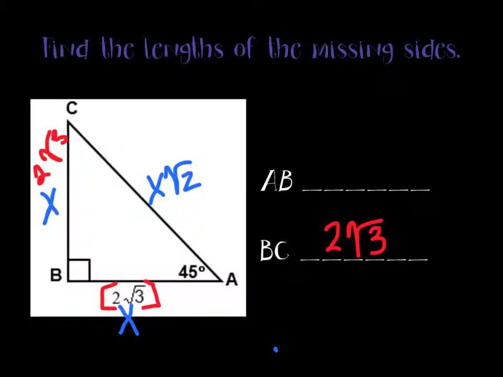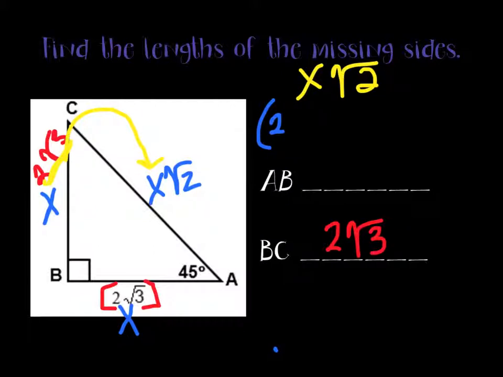So now what do we do? Well, we take our x value, which is 2 square root of 3, and we plug it in for x. So I'm looking at the x square root of 2. What's my x value? It's 2 square root of 3 times the square root of 2.